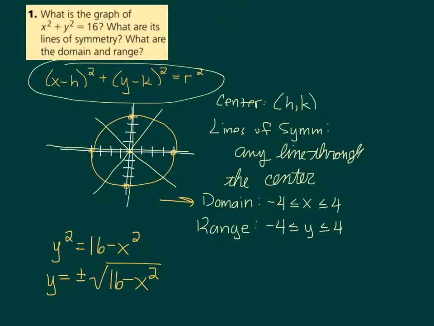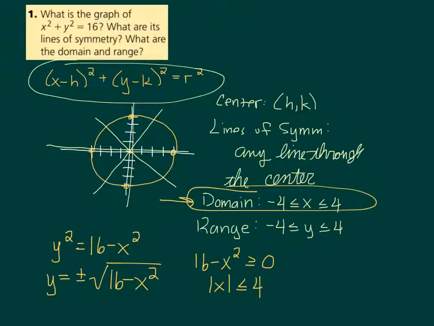You would have to remember that since there's a square root here, 16 minus x squared has to be greater than or equal to 0, which means that the absolute value of x has to be less than or equal to 4, which is the same thing as this. X has to be between negative 4 and 4, including both endpoints.